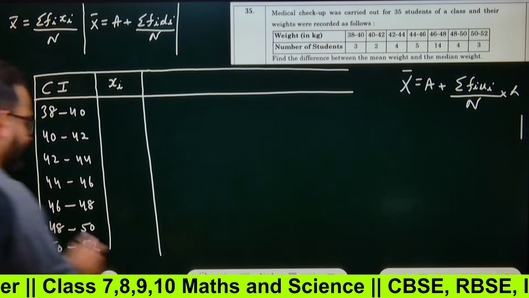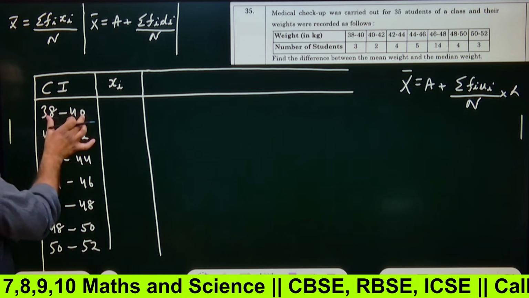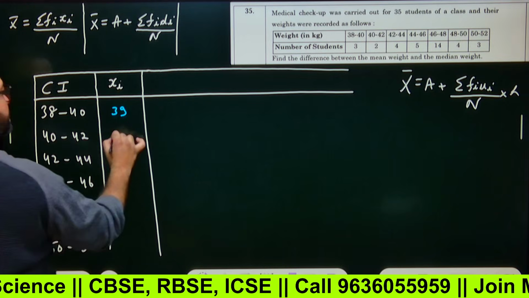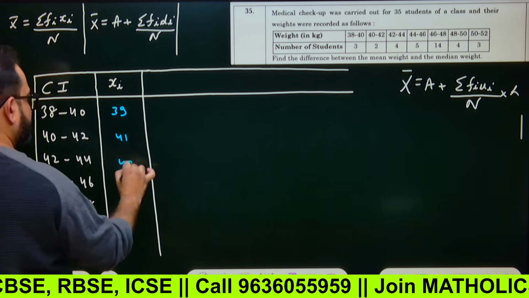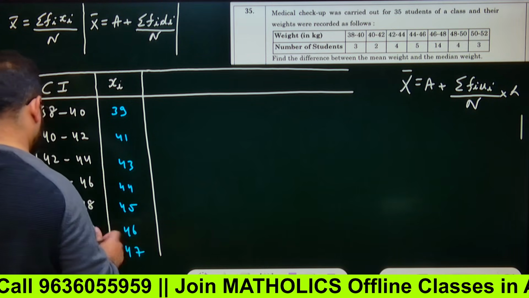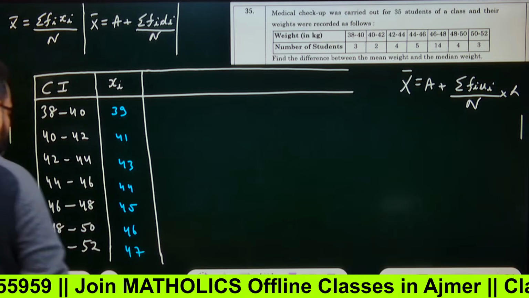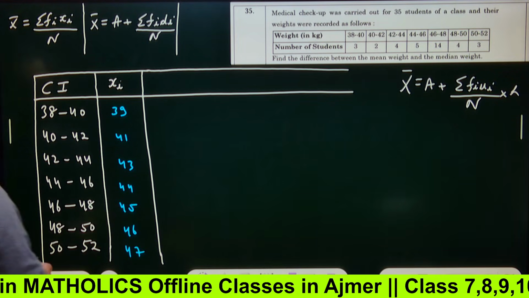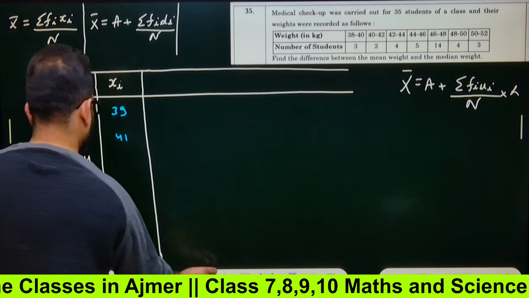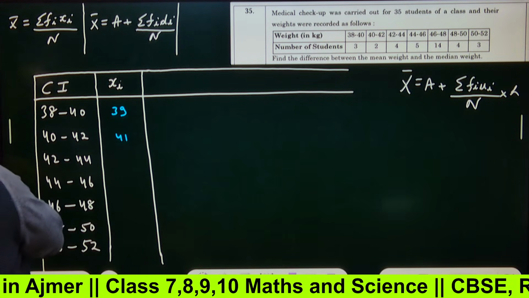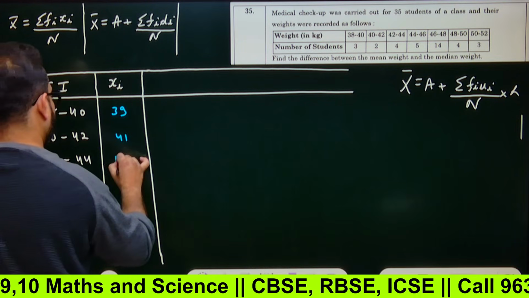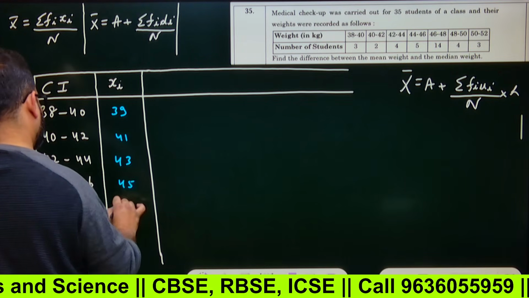What the variables mean, we'll tell you later on. Now, xi means midpoint of the class. 38 to 40, midpoint is 39. 40 to 42, midpoint 41. 42 to 44, 43. 44 to 46, 45. 46 to 48, 47.